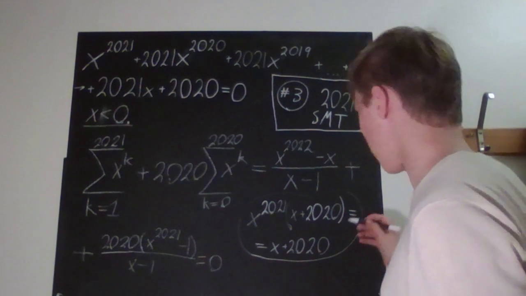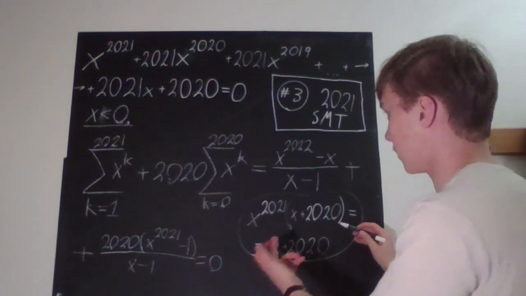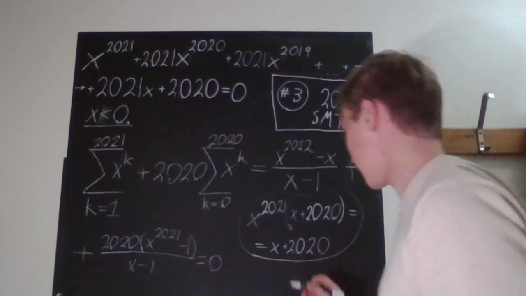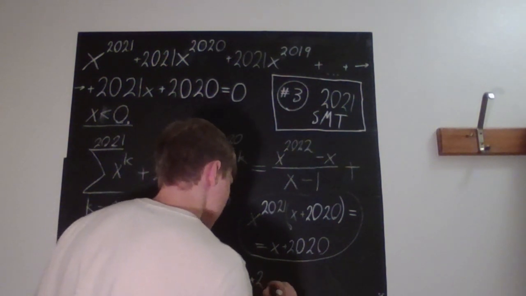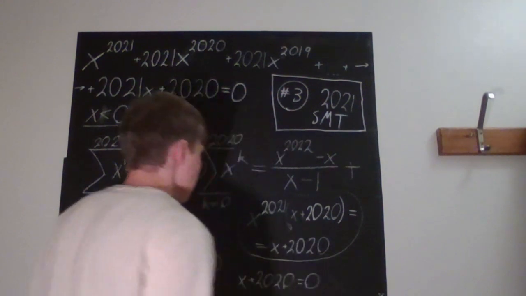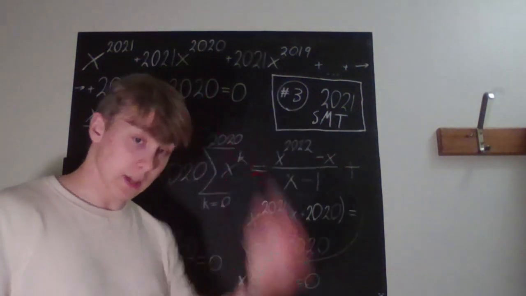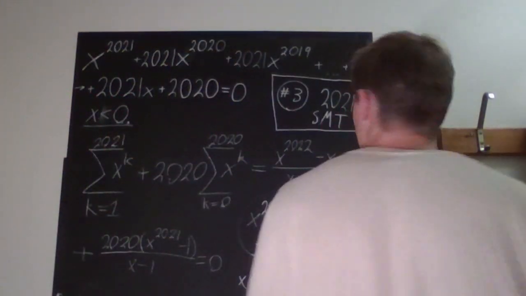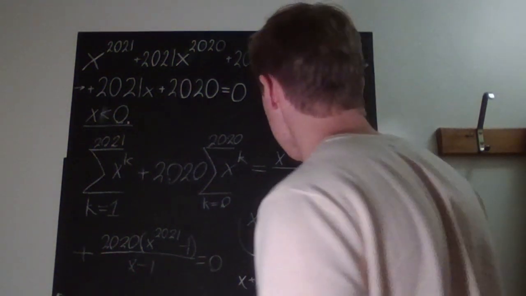So what we have is that this has to be 0 for this equation to hold. So basically what we have is that x plus 2020 is equal to 0. So our answer is just minus 2020. And that, frankly, is all the solutions there are. Real solutions, that is, of course.